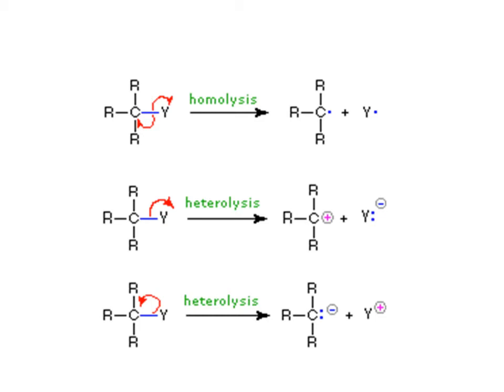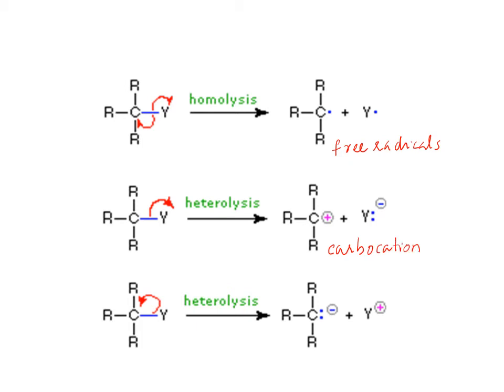So here you can see when the C-Y bond breaks in such a way that both carbon and Y get one of the shared pair of electrons, that leads to the formation of free radicals. And in heterolytic fission, if Y is more electronegative compared to carbon, the shared pair of electrons will be shifted to Y. So the species carrying positive charge on carbon is obtained, and that is known as carbocation.